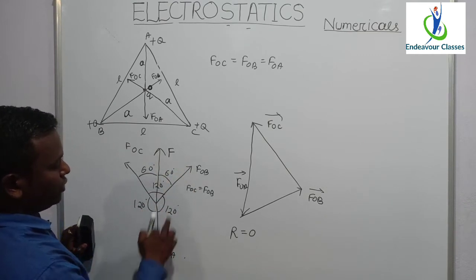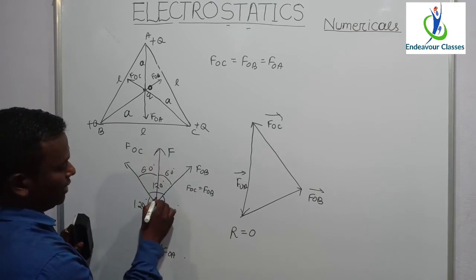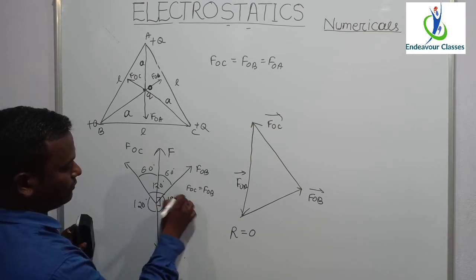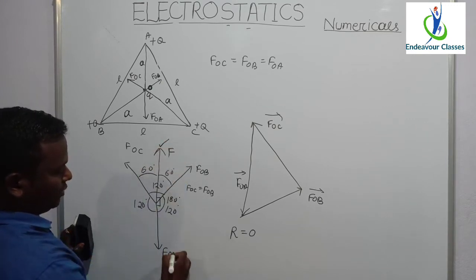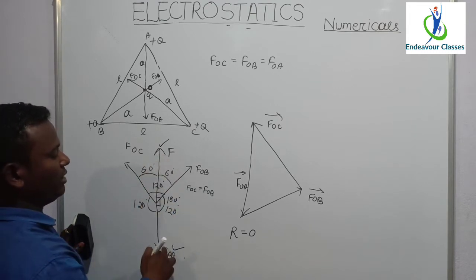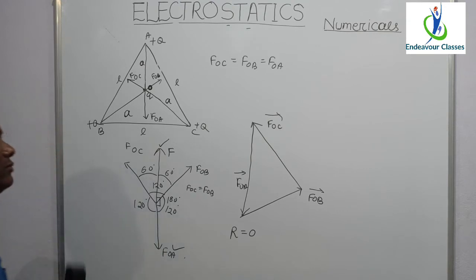Now the angle between this F and FOA is 180 degrees, so this is exactly opposite to this. So these two forces are equal in magnitude and opposite in direction, so the net resultant will be 0.